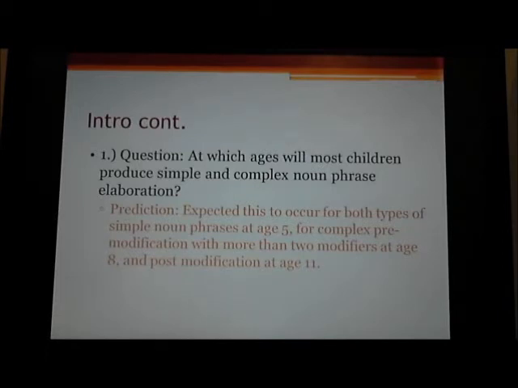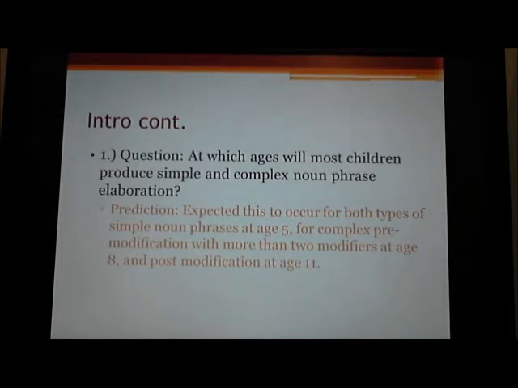Okay. So the first research question: at which ages will most children produce simple and complex noun phrase elaboration? The authors predicted that this would occur for both types of simple noun phrases at age 5, for complex pre-modification with more than 2 modifiers at age 8, and post-modification at age 11.